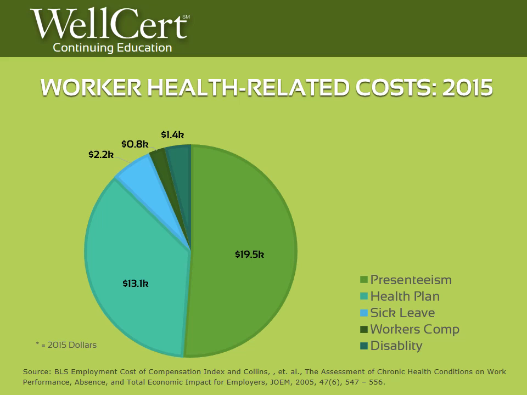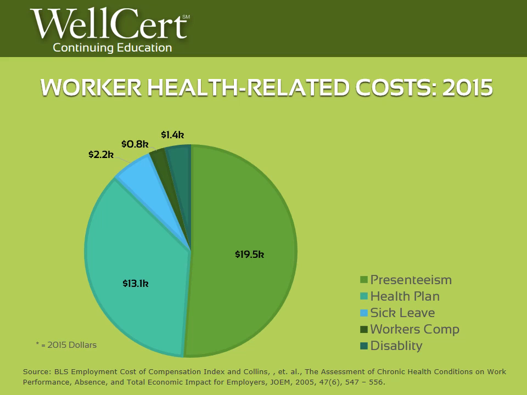So we're looking at approximately $13,000 of health plan costs, another $2,200 of sick leave, another approximately $800, almost $900 of workers' comp cost, and then $1,400 of disability, short-term and long-term disability cost associated with the health of an individual employee each year.